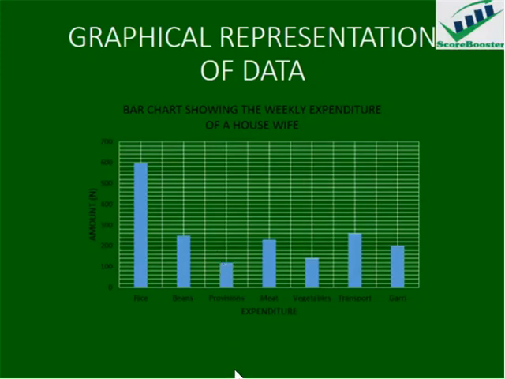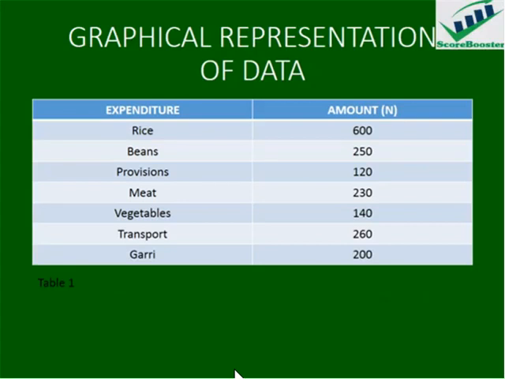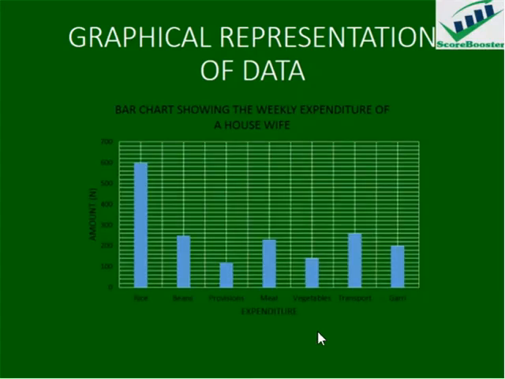Let's check. Provision is 120. Meat is 230, to be between 220 and 240. See it here. Vegetable is 140. See, this is 100. You can see the line 100, 120, 140. We'll trace it there. You can see this is 140.